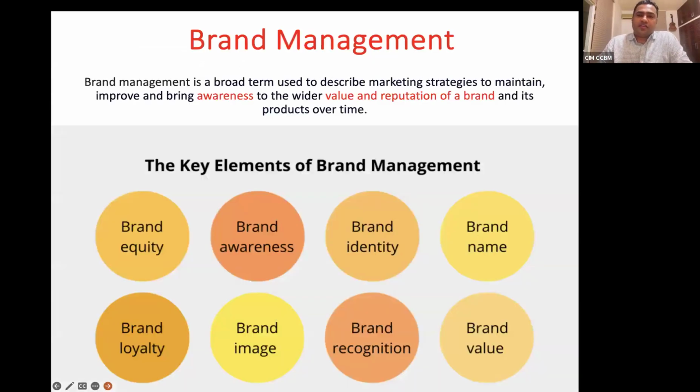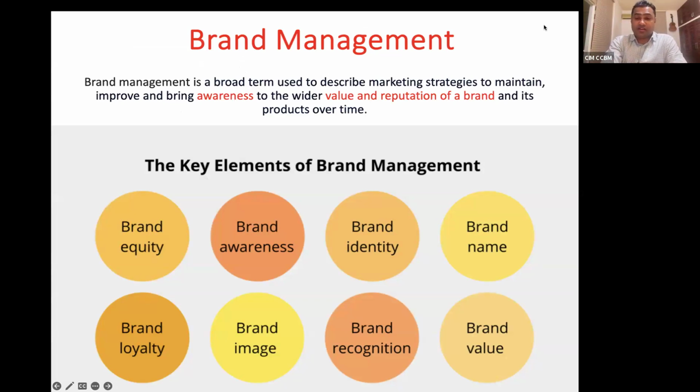All right, so I think the first item is to look at the definition of brand management and some of its key elements. I remember as a young brand manager, I took a tough job, changing from sales management to brand management.